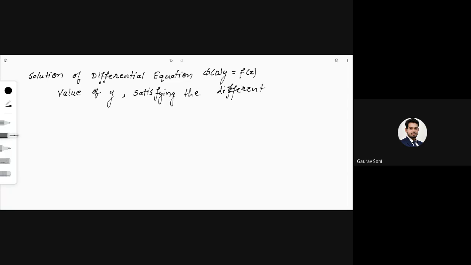The differential equation phi of d acting on y is equal to f of x. The value of y satisfying it is the solution of the differential equation.